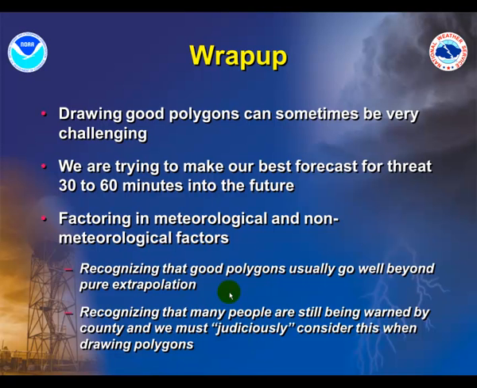We have to be cognizant of multiple things when we're thinking about meteorological factors. And also recognizing, very importantly, that many people are still being warned by county and perhaps overwarned because of that, and we must judiciously consider whether we need to or not need to clip a small portion of a county with a polygon.